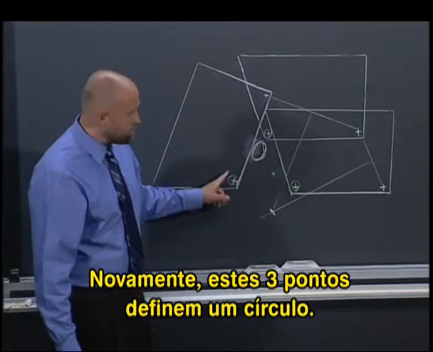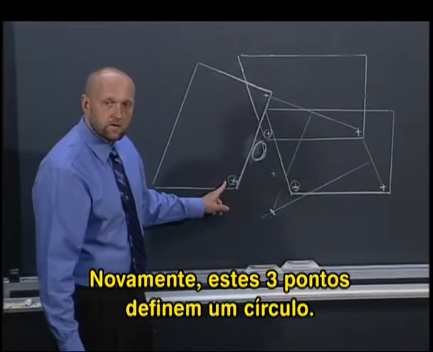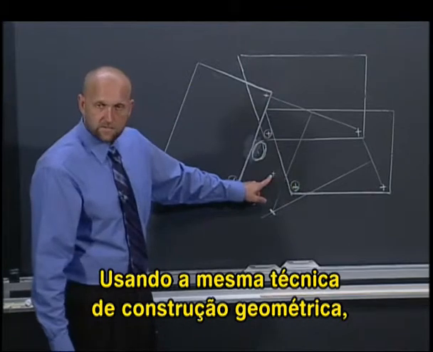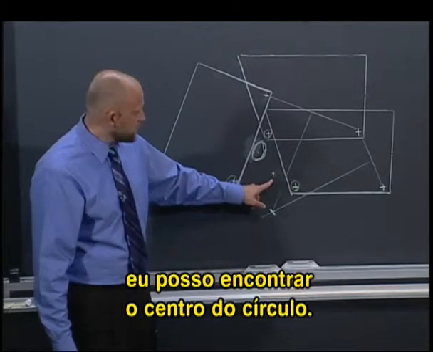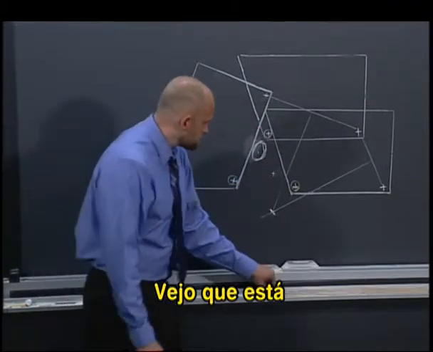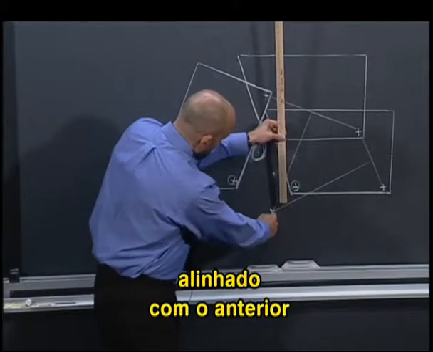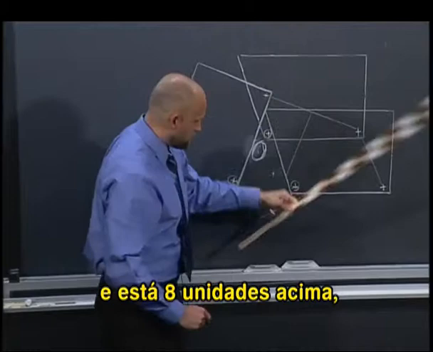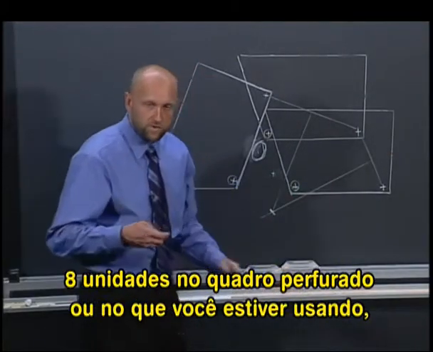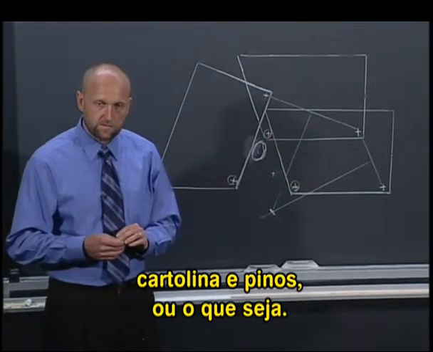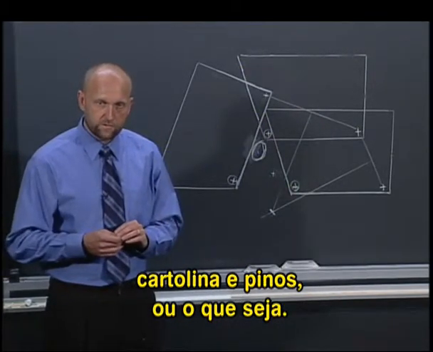Again, those 3 points define one circle, a unique circle with one center and one radius. Using, again, the same geometric construction technique, I could find the center of that circle, and I would find that it's aligned with the one before, and it's 8 units up above it. 8 units on my pegboard, or 8 units in whatever scheme you're using there, in construction paper and pins, or whatever medium you're using.